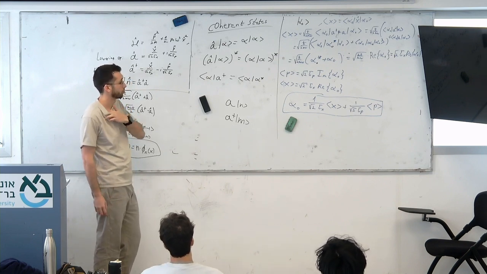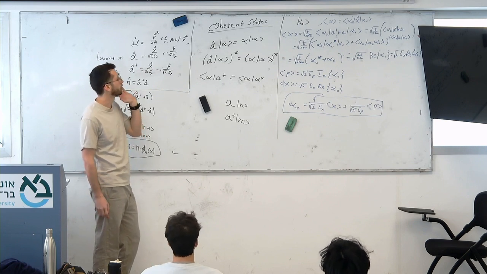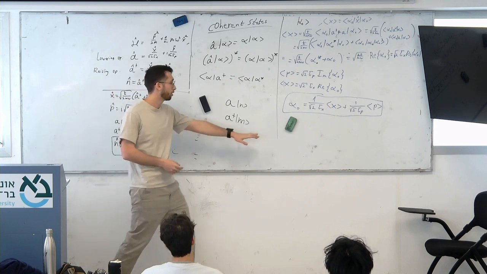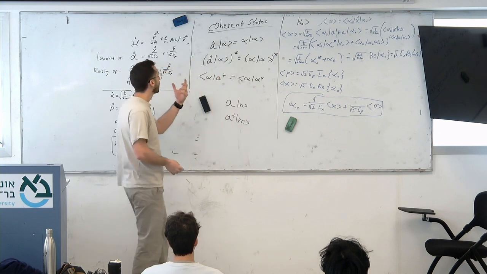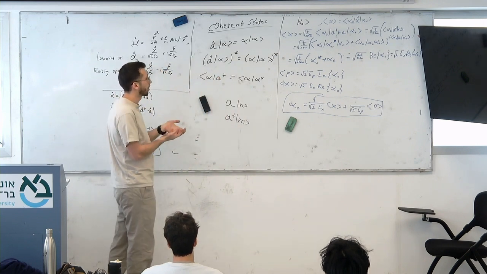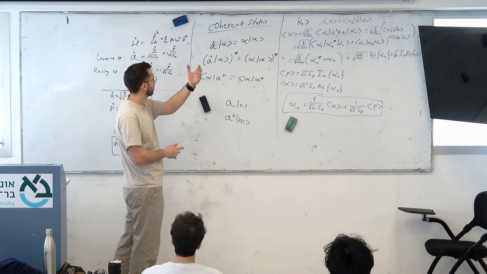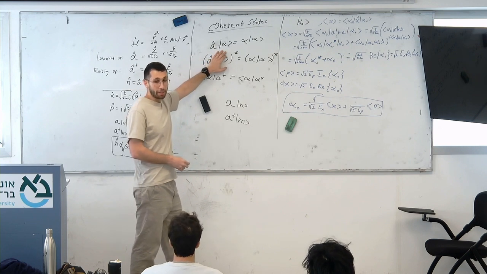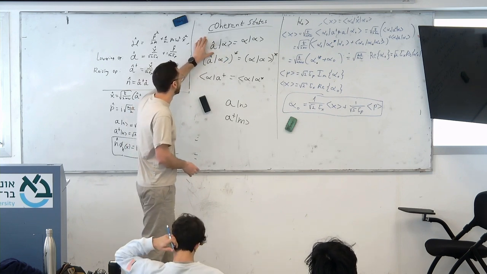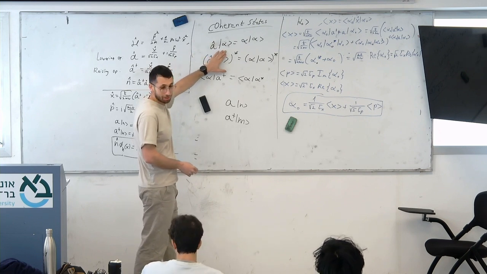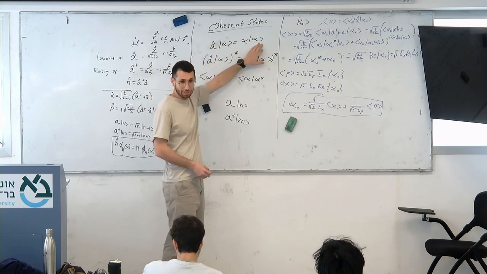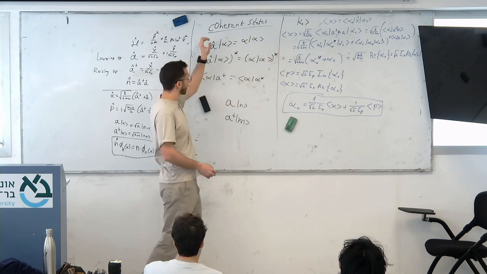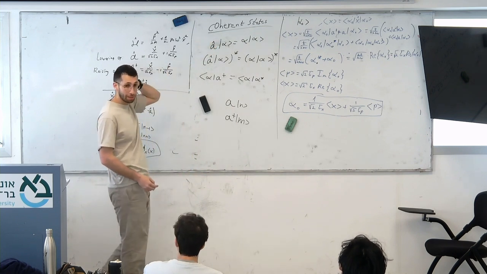Alpha naught is a general coherent state. It could be basically almost anything, as long as applying a lowering operator on alpha naught gives you alpha naught times the same state. So it should be an eigenstate of the lowering operator, not of the Hamiltonian.